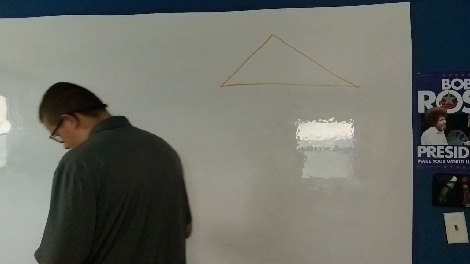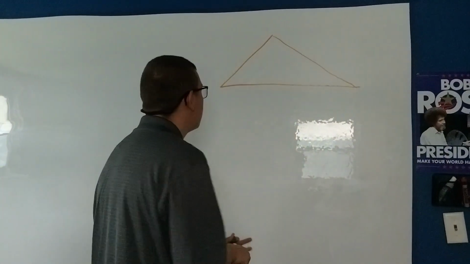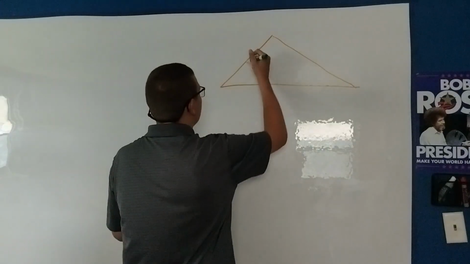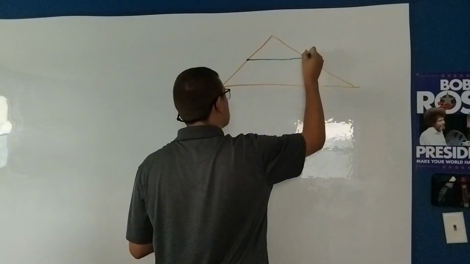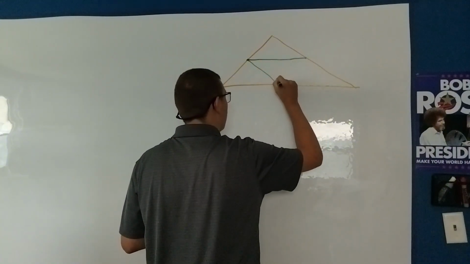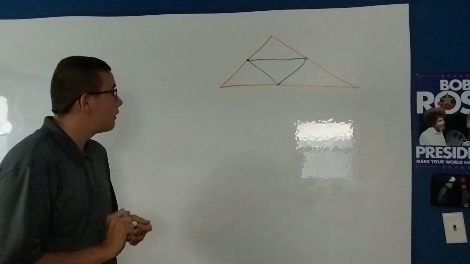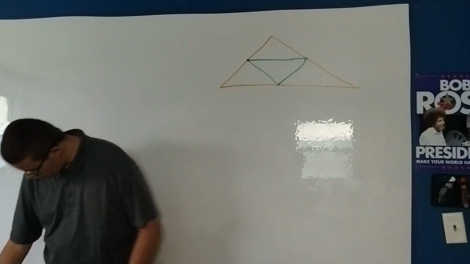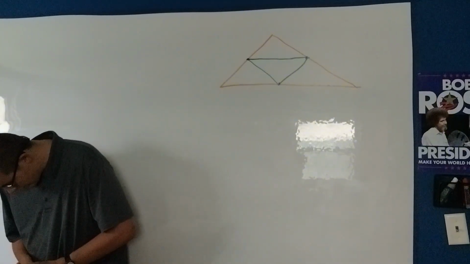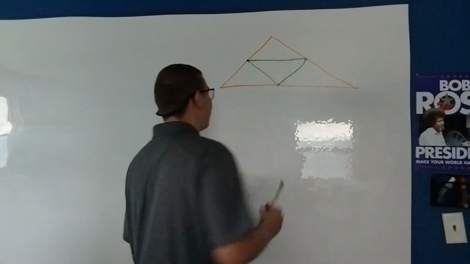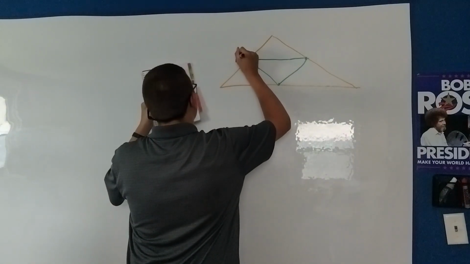So if we have a triangle, then our mid-segments are here, here, and back, like that. And we are told, I should take this with me so I'm not walking back and forth, taking more of your time, because this video is already 40 minutes long.